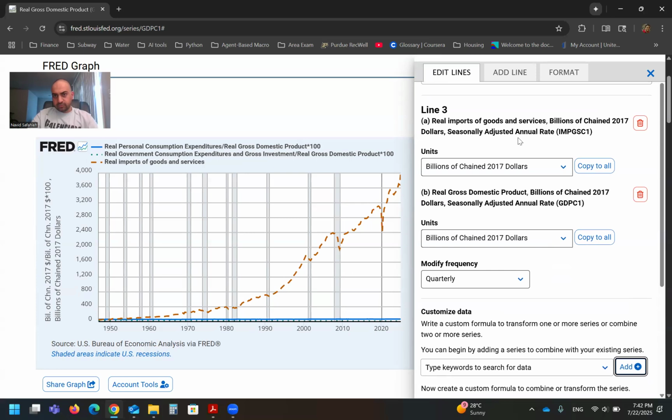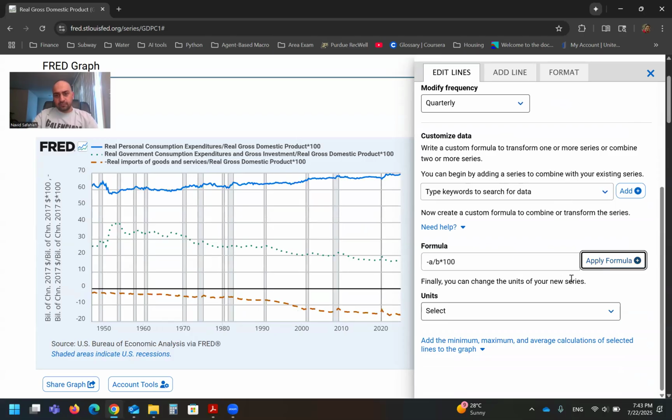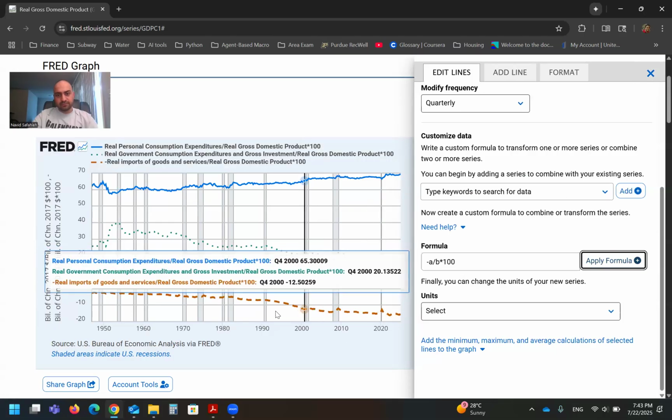Real imports is A, real GDP is B. Here we need A over B times 100. However, I told you that you should multiply that by a negative sign, so we will have a negative sign here as well. And yeah, we could make this figure as well.